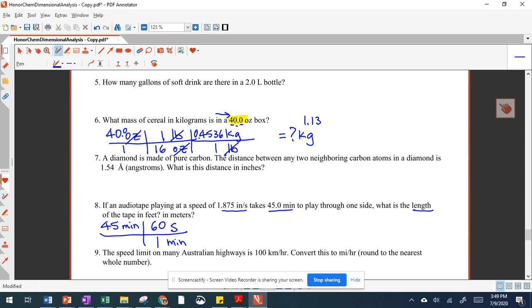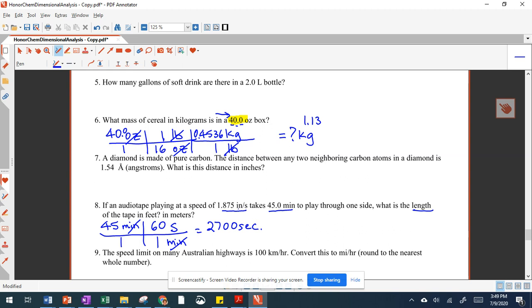Again, what we're given in the problem is over 1. So minutes are going to cancel out. And we know that 45 times 60 is going to give us 2,700 seconds. Now, I'm not going to worry about significant figures until I'm done with the problem. So I'm just going to keep that as it is.